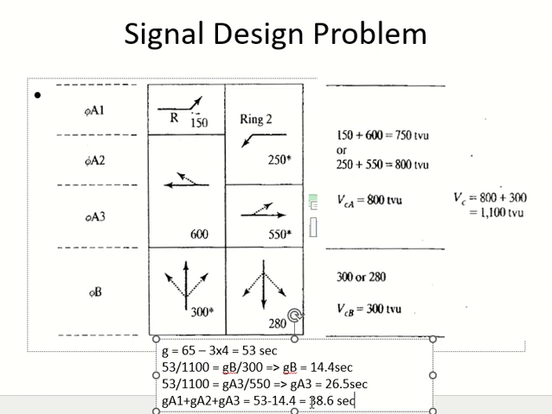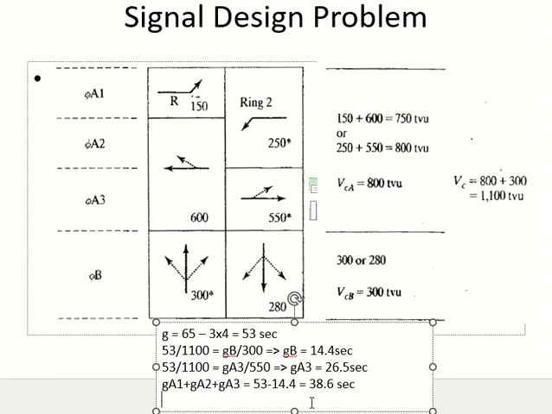And what is the total volume? I have to go around this sequence, right? The other sequence is not giving me anything now. So in this sequence, 150 plus 600, total is 750. To calculate A1, we'll use the time and the volume from this sequence. Total time 38.6, total volume 750.